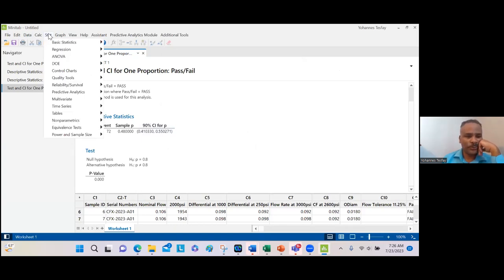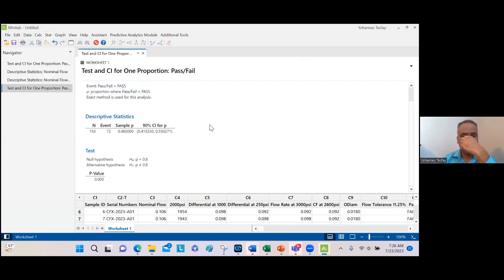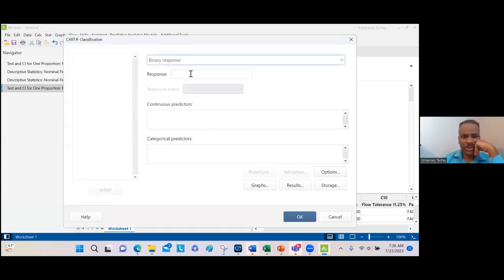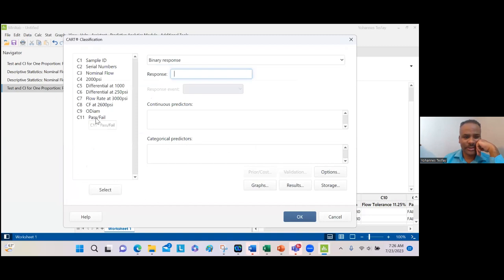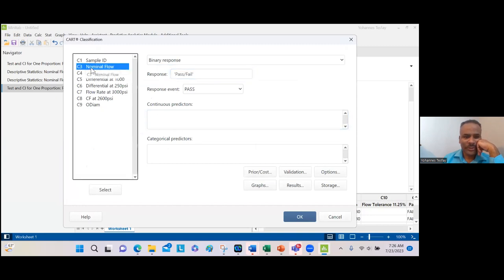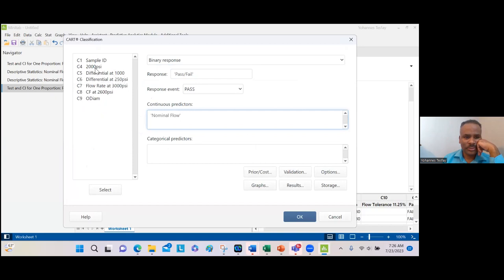Go to start, then go to predictive analysis. This is where chi-square ANOVA is. Then go right here. My response is pass/fail, which is binary. Nominal flow is continuous, pressure is continuous, differential is continuous, flow rate is continuous.